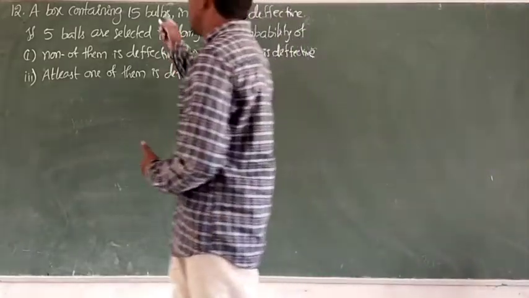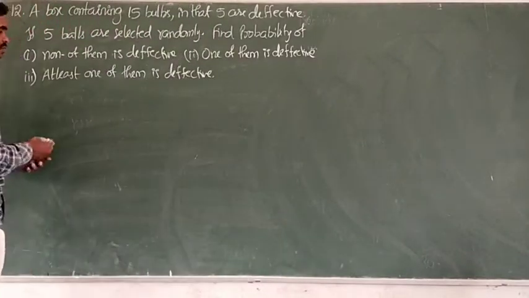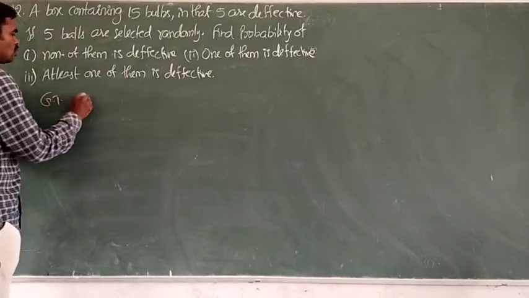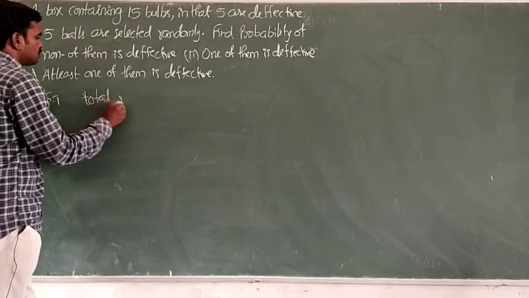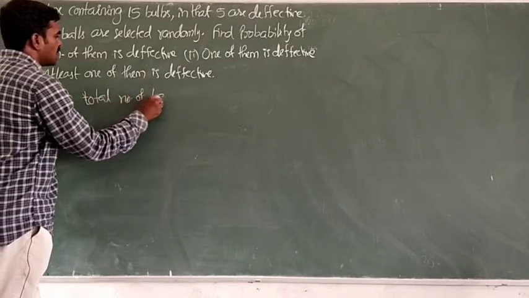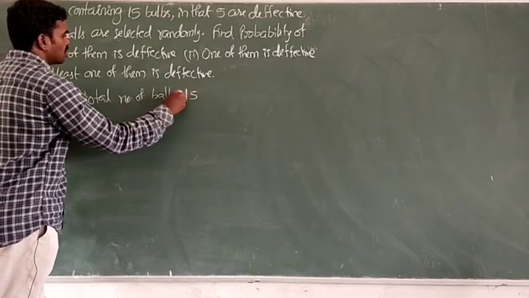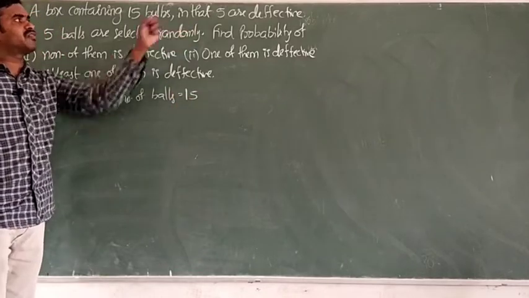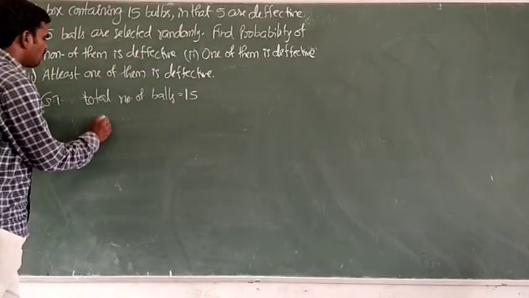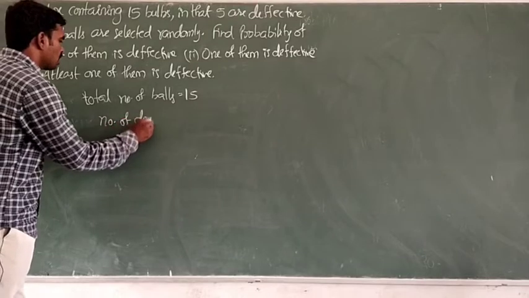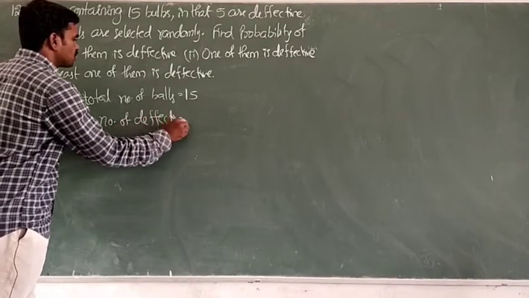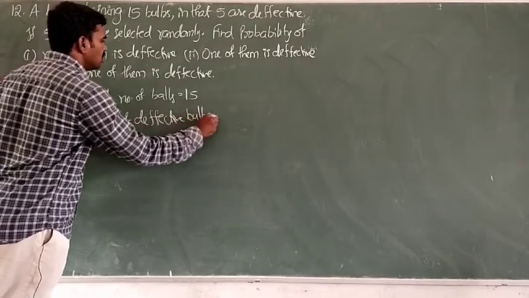So box containing how many bulbs? Total 15 bulbs. So given that total number of balls, how many are there? 15. So in that how many are defective? 5. So number of defective bulbs, how many are there? 5.